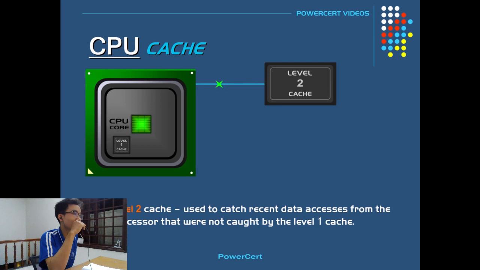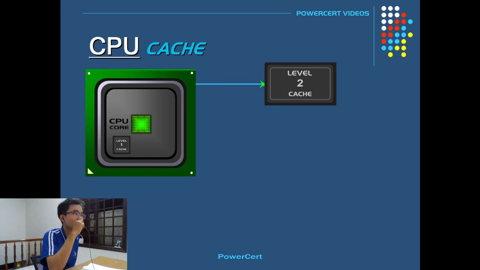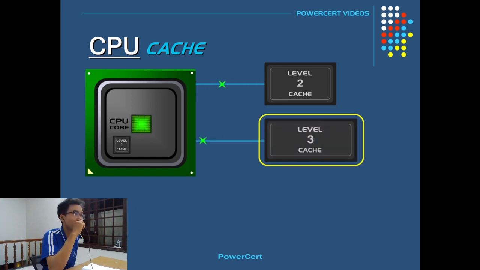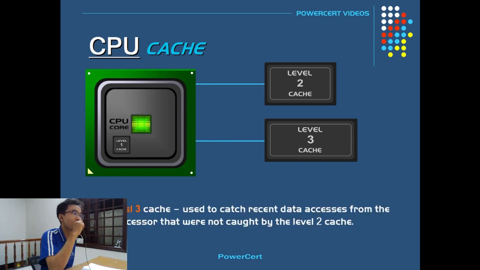And there is also level 2 cache, which is also called external cache, and level 2 cache stores recent data accessed from the processor that was not cached by level 1 cache. So in a nutshell, if the CPU can't find the data it needs in level 1 cache, it then checks the level 2 cache for the data, and if the CPU can't find the data in the level 2 cache, then it checks the last level of cache, which is level 3.